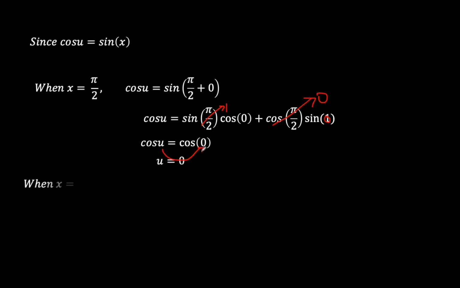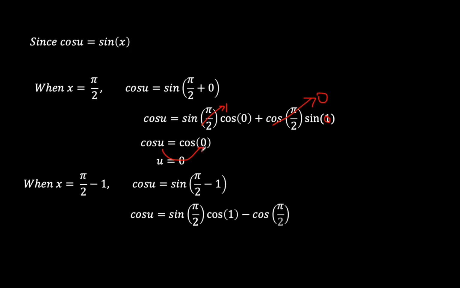Then when x is equal to pi over 2 minus 1, cosine u is equal to sine of pi over 2 minus 1, and so using the formula for the sum or difference of angles, we have cosine u equals sine pi over 2 cosine 1 minus cosine pi over 2 sine 1. And therefore, cosine pi over 2 tends to 0, and this tends to 1. So cosine u is equal to cosine 1, and so u is equal to 1.